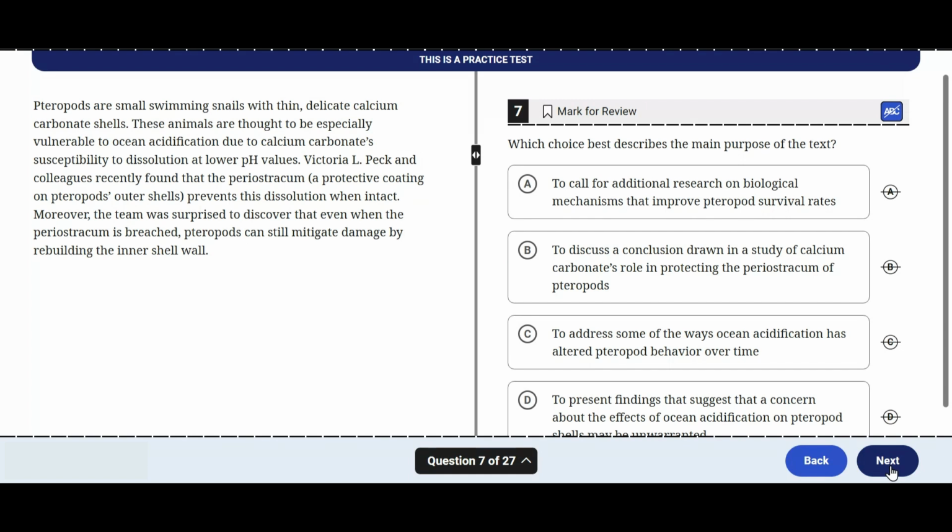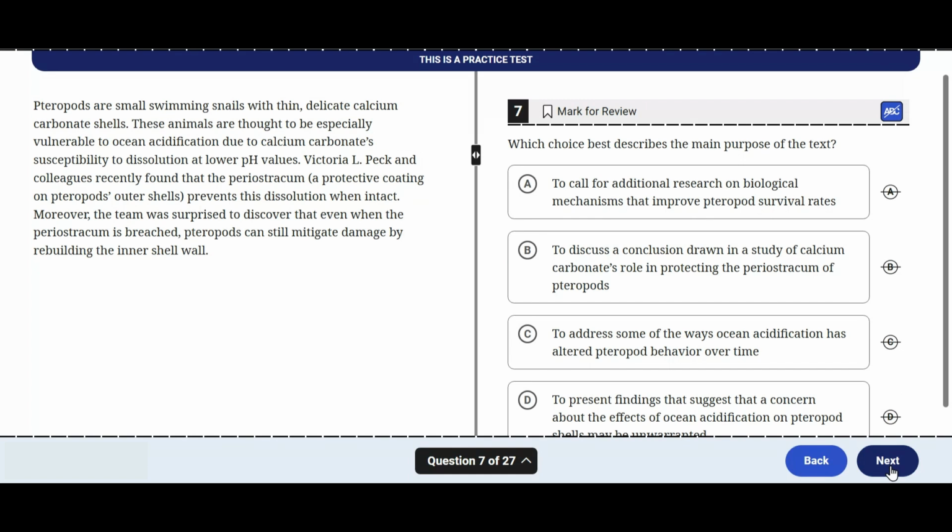Main purpose of the text. All right, let's read and then summarize. Pteropods are small swimming snails with thin, delicate calcium carbonate shells. These animals are thought to be especially vulnerable to ocean acidification due to calcium carbonate's susceptibility to dissolution at lower pH values.